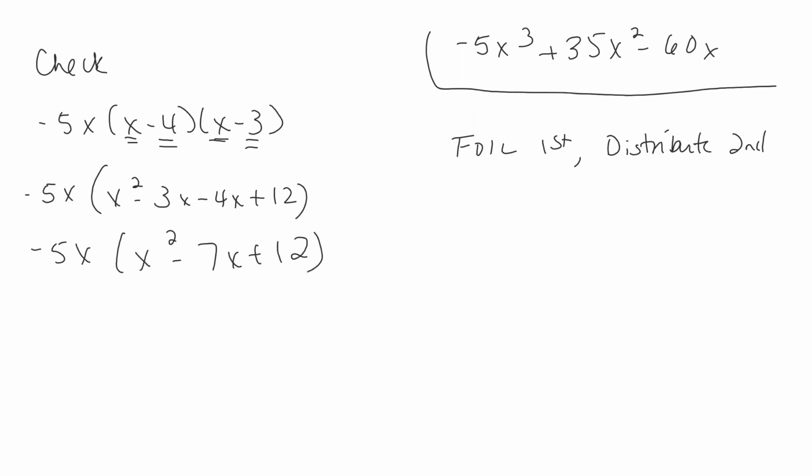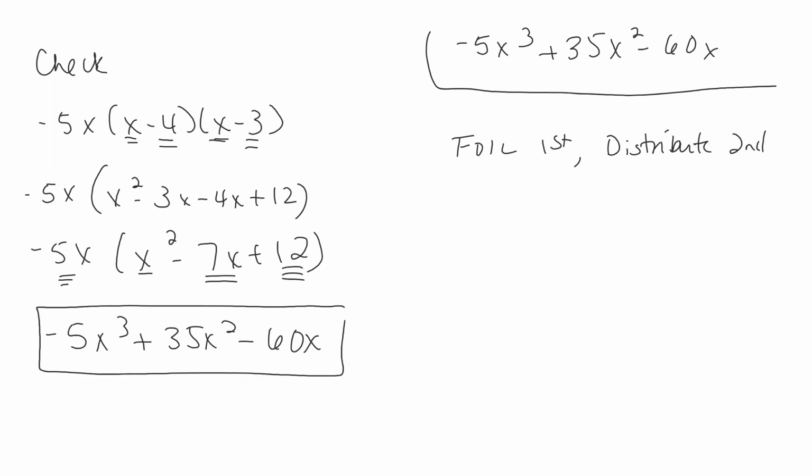And then I would distribute. So negative 5x times x squared is negative 5x to the third. Negative 5x times negative 7x is positive 35x squared. And then negative 5x times 12 is going to be negative 60x. And you can see there we got exactly what we started with, okay?